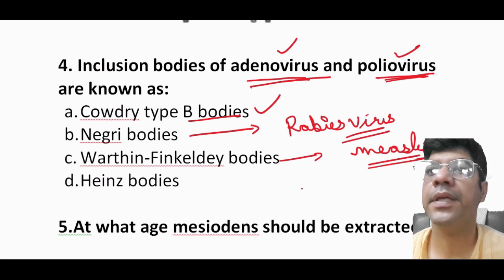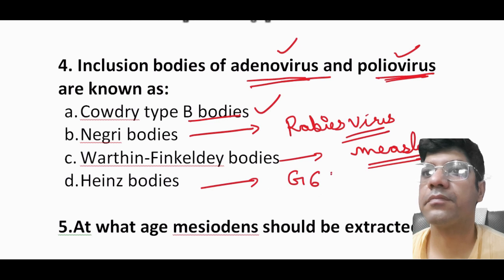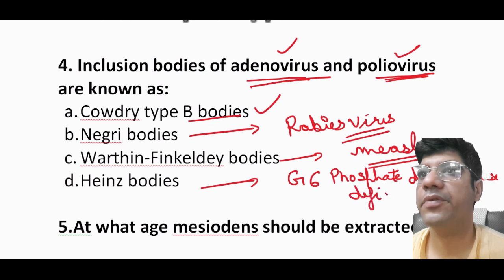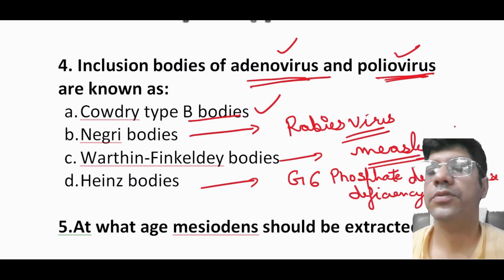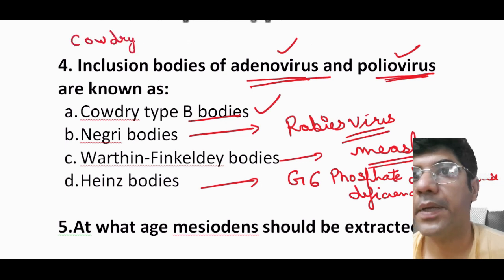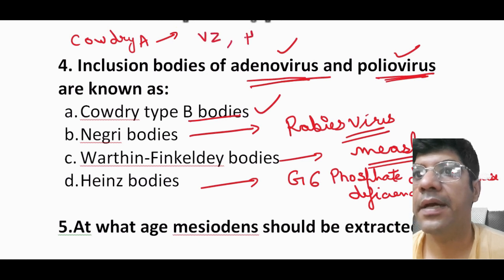The Heinz bodies, remember, can be seen in glucose-6-phosphate dehydrogenase deficiency. That is what you have to remember for your entrance exam. So remember, Cowdry type A bodies are seen in varicella zoster, herpes simplex and yellow fever.